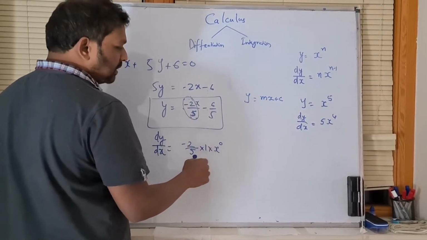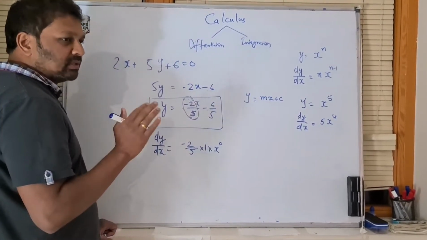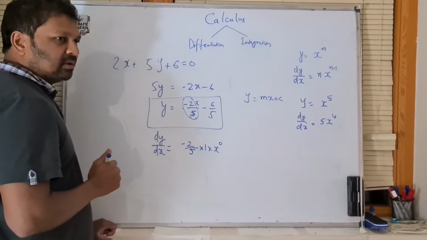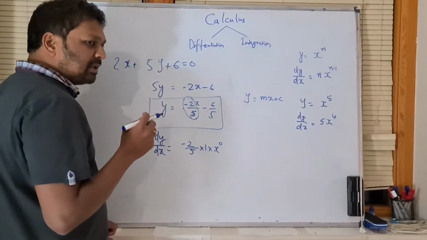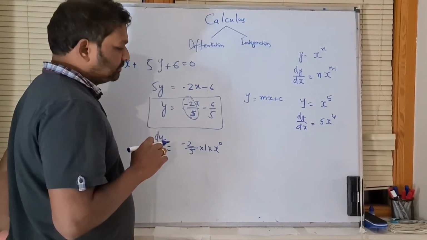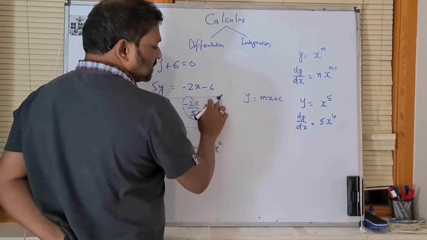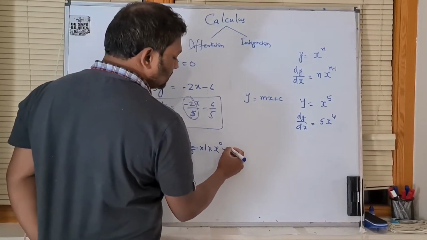That is 1. Also, the differentiation of any constant is 0 with respect to any variable. It need not be x, it need not be y, it need not be n; with respect to any variable, the differentiation of a constant is 0. So 6 by 5 is a constant number, so it is 0.